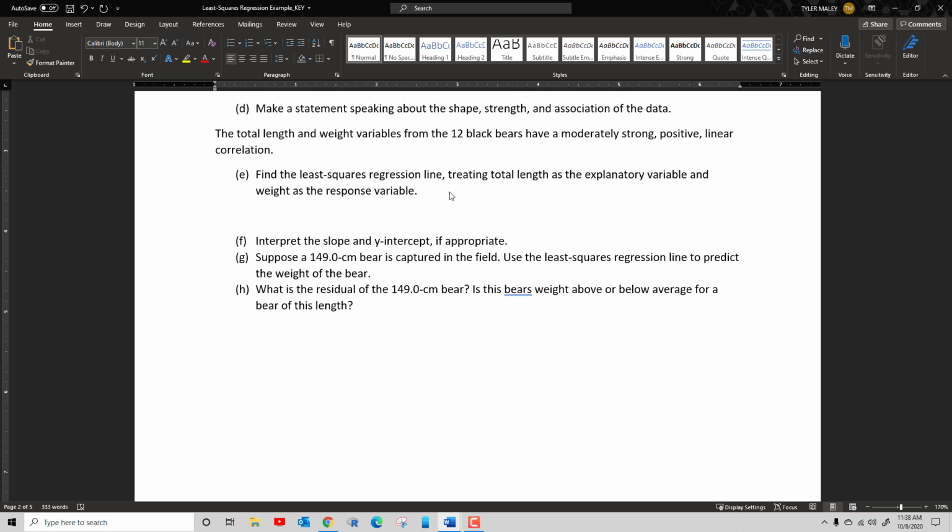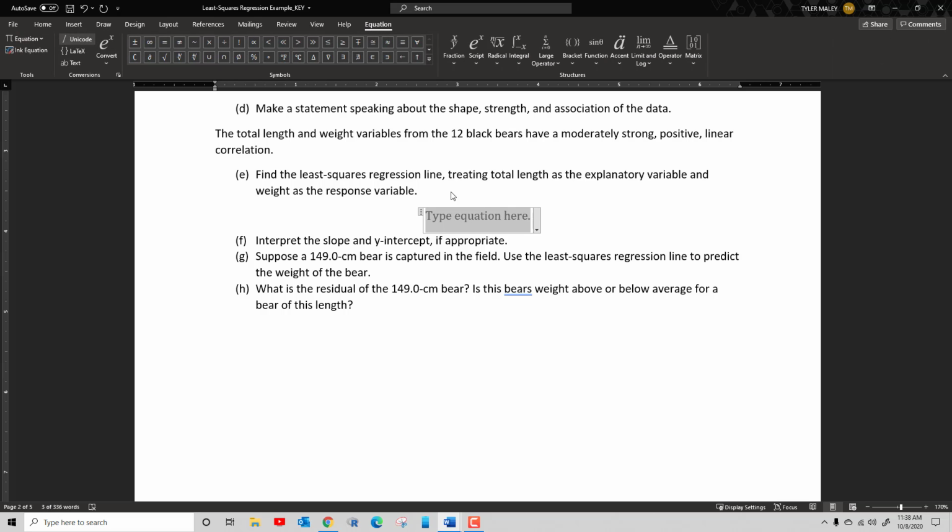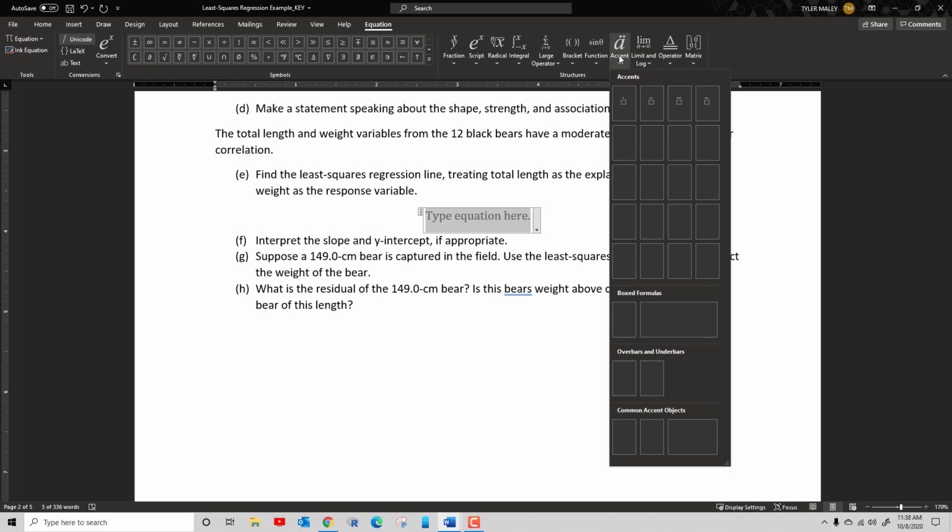So then the next thing we're asked to do is to find the least squares regression line, treating total length as the explanatory variable and weight as the response variable, right? So I'm going to go ahead and start my equation. Remember, for the y variable, it's typical that we need to use that hat symbol.